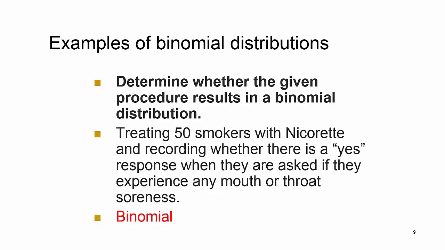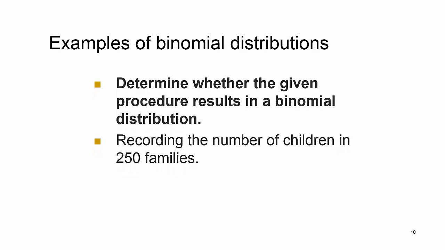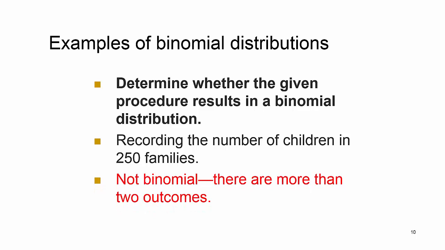This also is a binomial procedure. The outcomes are 2 outcomes, either yes or no. Recording the number of children in 250 families. This would not be binomial because there are more than 2 outcomes for this procedure.